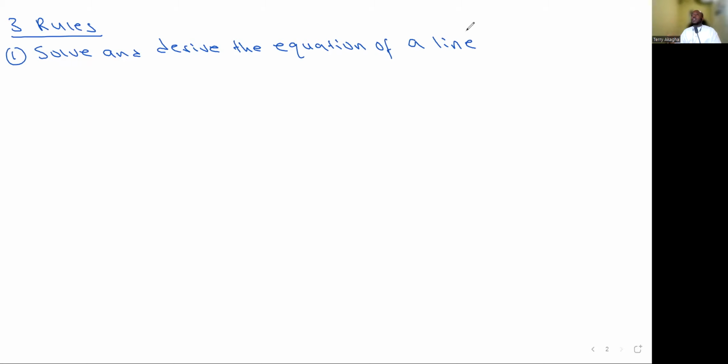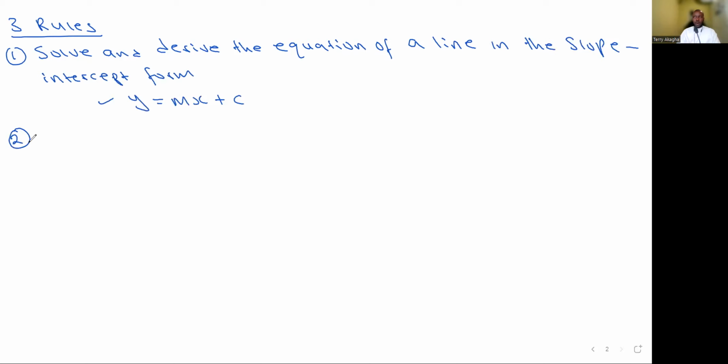So what we are trying to say is you have to solve and derive the equation of a line in the slope intercept form, so that means you have to derive it to be in the form y is equal to mx plus c.